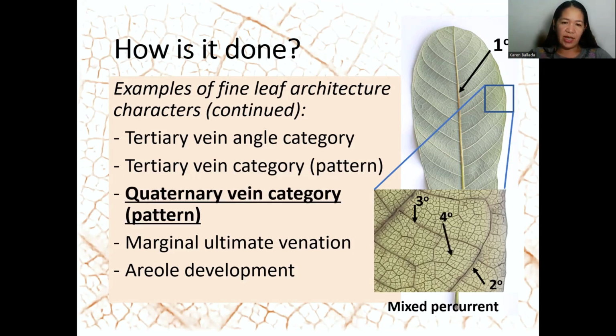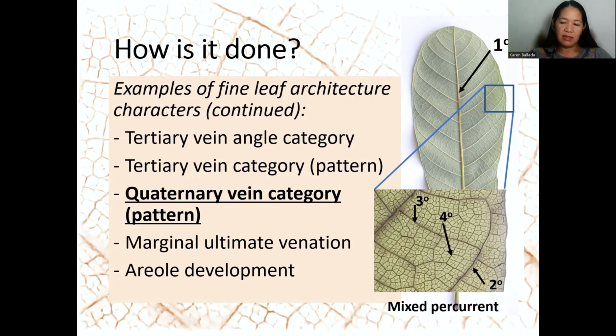Next, we have the quaternary vein category. If the secondary veins originate from the primary veins and the tertiary veins originate from the secondary veins, it simply follows that the quaternary veins originate from the tertiary veins, as you can see in my illustration.